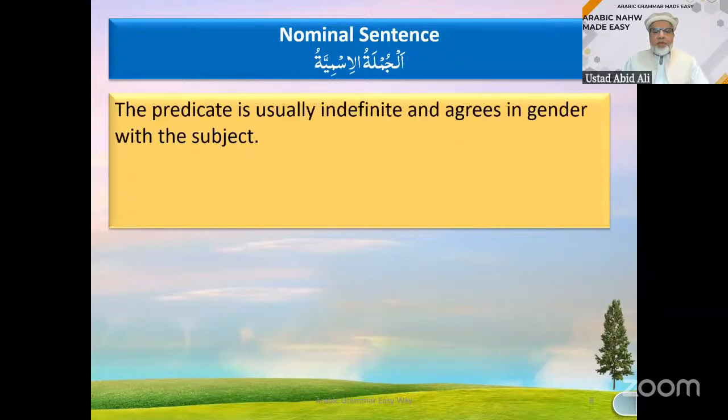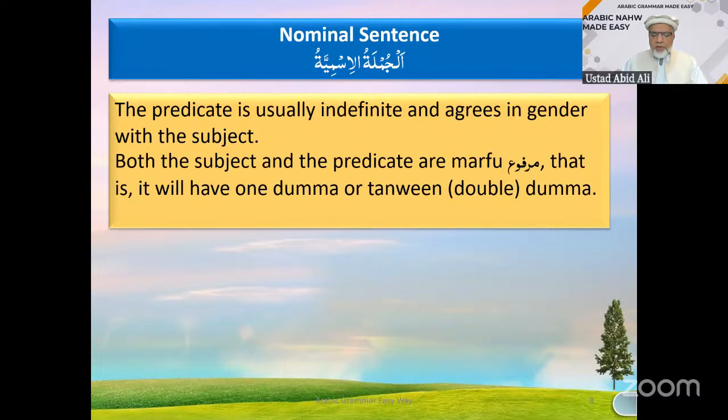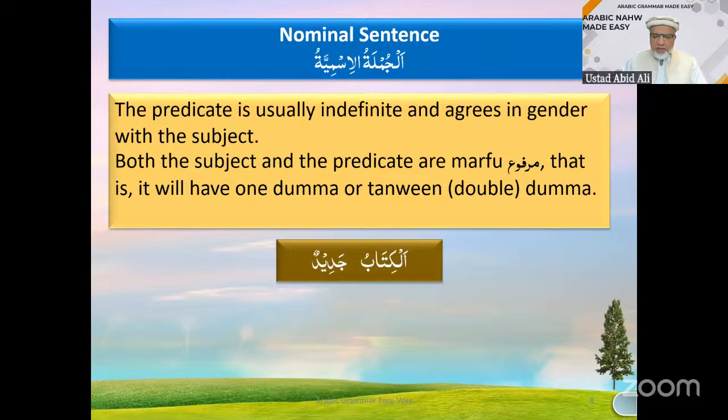So in the Jumlatul Ismiya, the predicate is usually indefinite, which means the khabar is nakira, and it agrees in gender with the subject. Both the subject and the predicate are marfu, meaning they're in the status of rafa. That is, it will have the dhamma or tanween, and we know how to tell the rafa status and the other statuses.